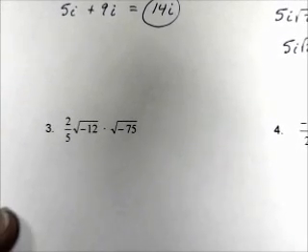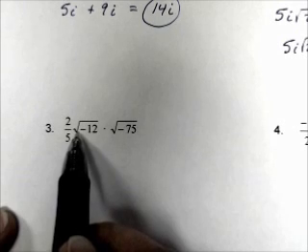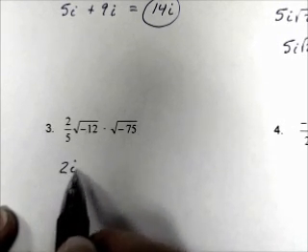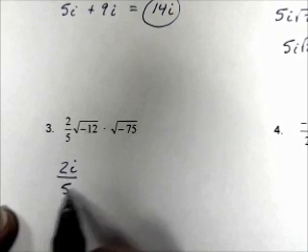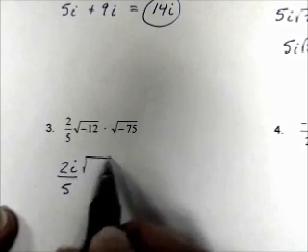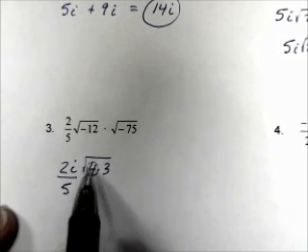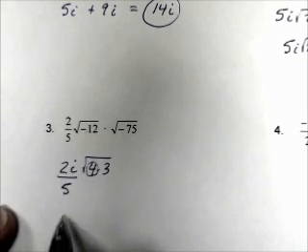Number 3, square root of negative 12. Negative comes out as i, so this would be 2i over 5. The square root of 12 we'll express as 4 times 3. And the square root of 4 is 2, so 2 comes out, times 2i is 4i.